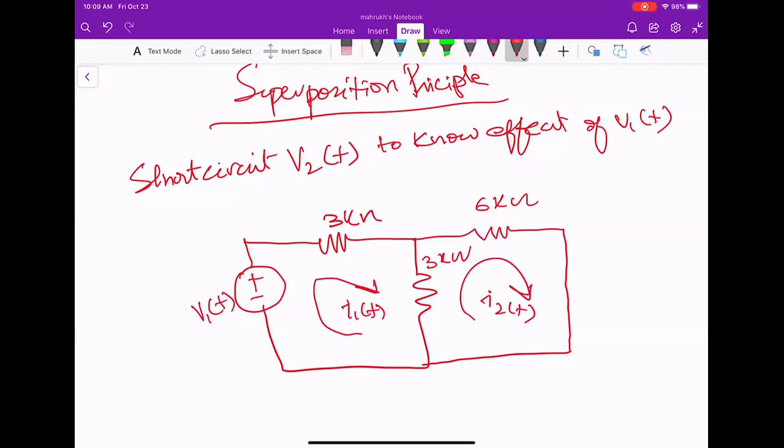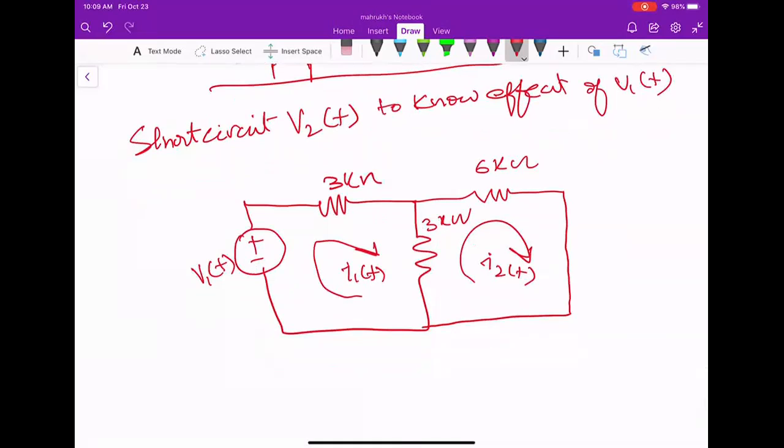Okay, I just removed the V2 of t from here. Now I want to know currents, but I will not assign them the same name as before, because I want to differentiate this current from the normal currents. This is not the original current.